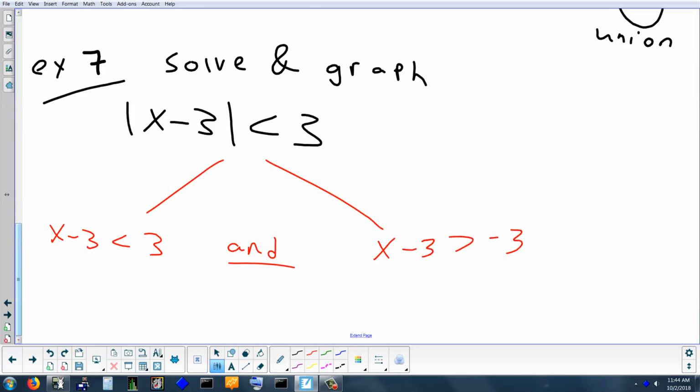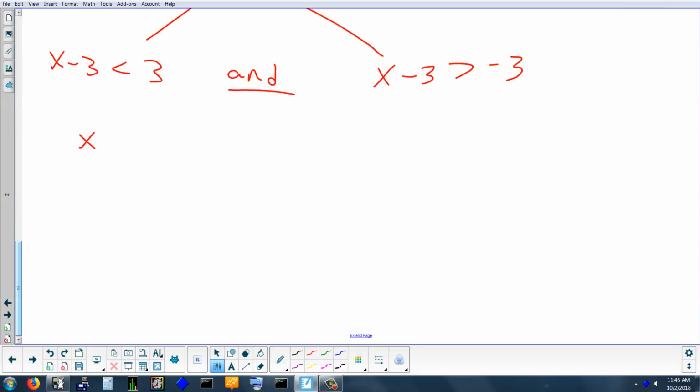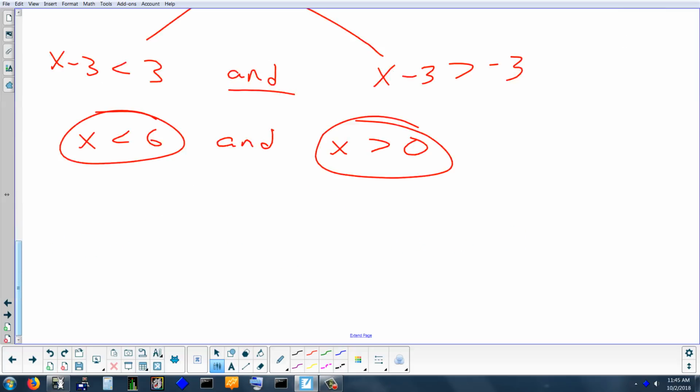And now solve each one. So x is less than 6, and x is greater than 0. So basically between 0 and 6, and it's an open interval.